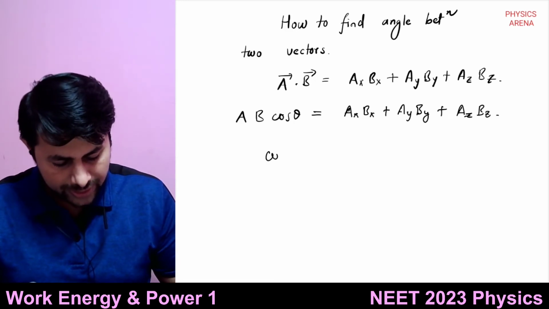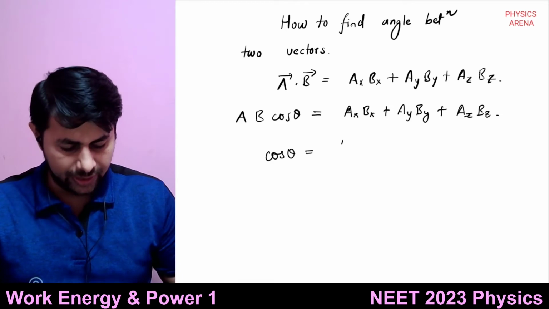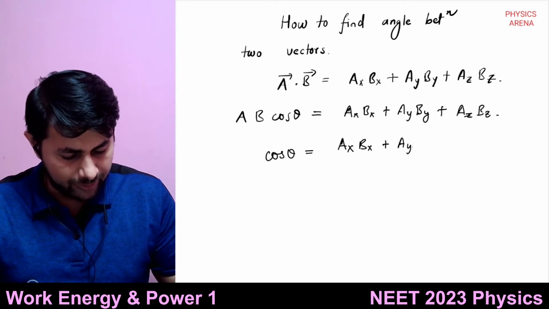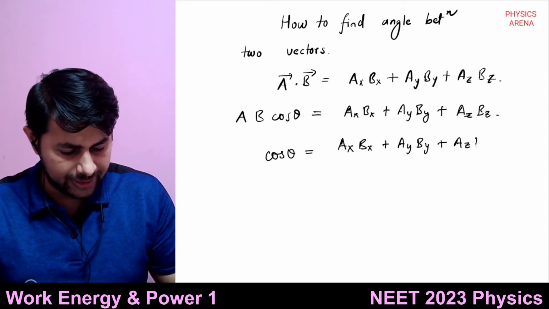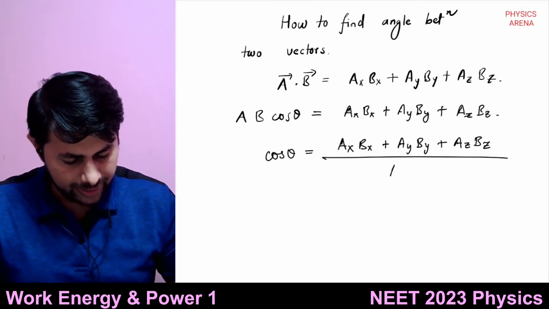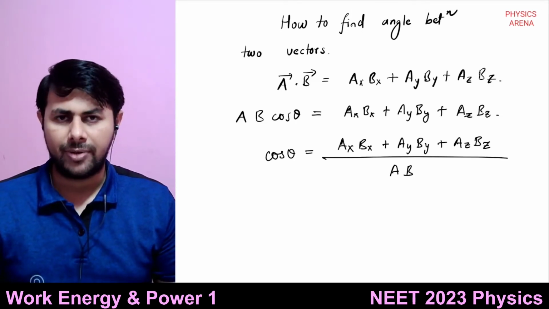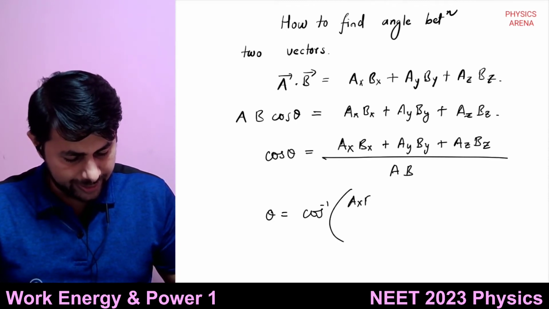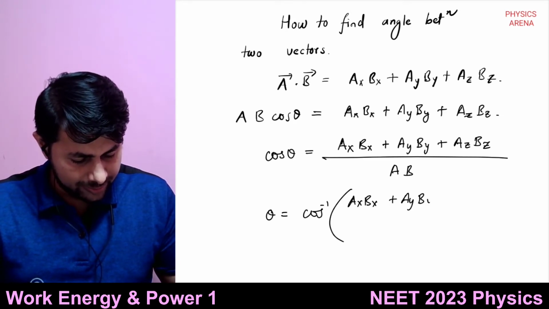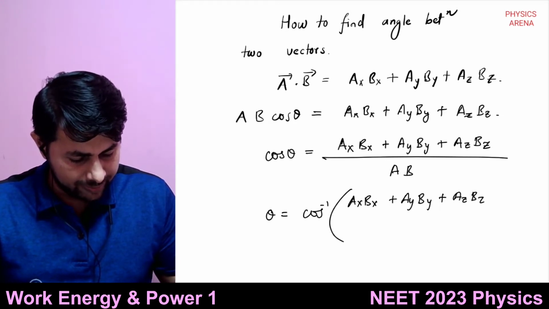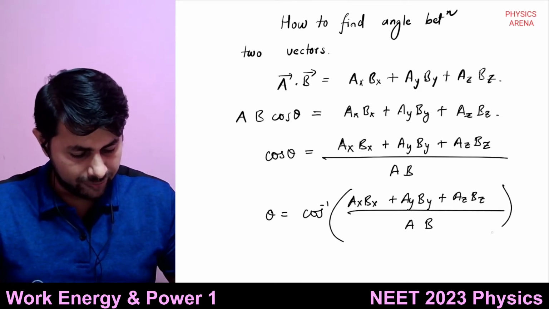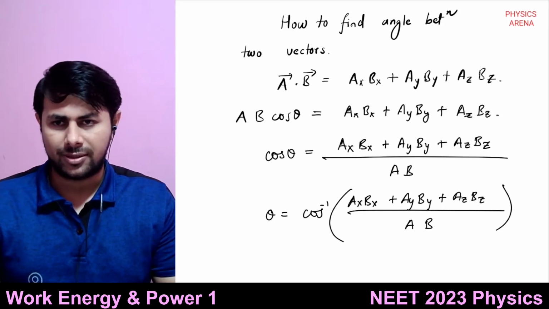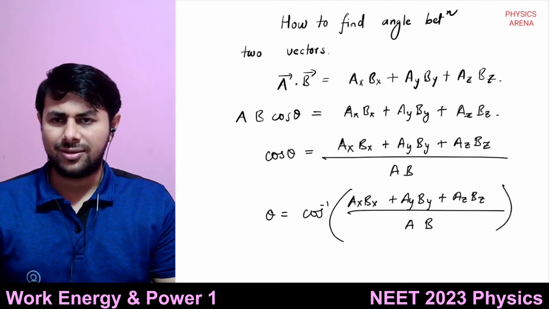Okay, so cos theta can be written as ax bx plus ay by plus az bz divided by a times b. And therefore, if I want theta, theta is cos inverse of ax bx plus ay by plus az bz divided by a times b. What is a and b? A is magnitude of a bar, b is magnitude of b bar. Okay, so is this thing clear?